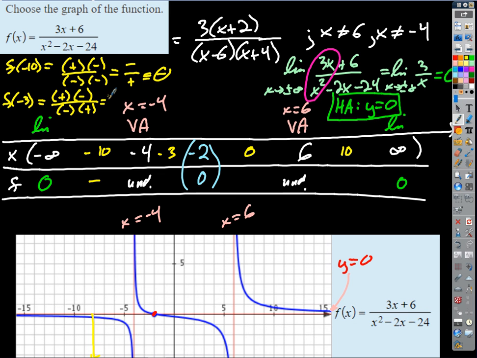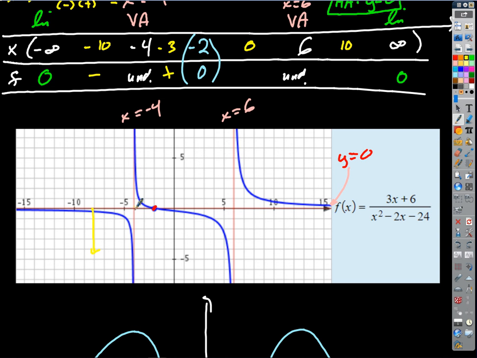So I get, did I do that right? I get negative on the top and negative on the bottom, and what's negative over negative? Positive. Okay, so there we get a positive, so we would know that at x equals -3, the function's got to be above the x-axis. Okay, get the idea? And we just do that for all those places.